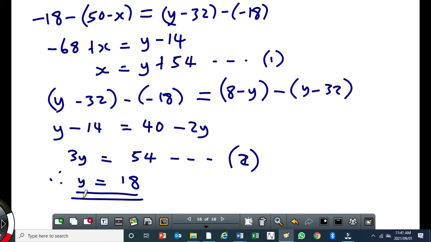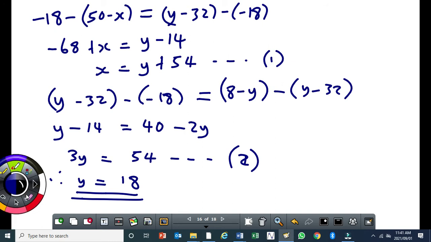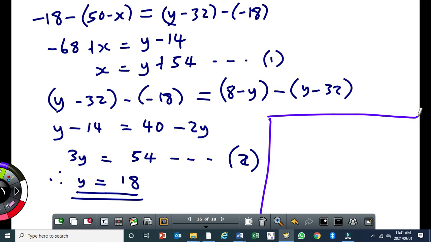So I found y. Then I need to find x, so I go back to my first equation. Are you following? So x will be equal to 18 plus 54, and that will give me 72.